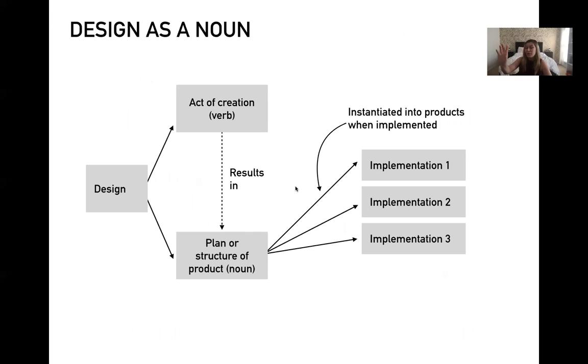But yes, in this flow chart, we actually have design as an act of creation and design as a plan or structure of a product, which is a noun. And the creation, the actual design as a verb, creating something, results in that structure of a product, which is the noun. And those are instantiated into products when implemented, and obviously our results are implementations. So those are the definitions of design.